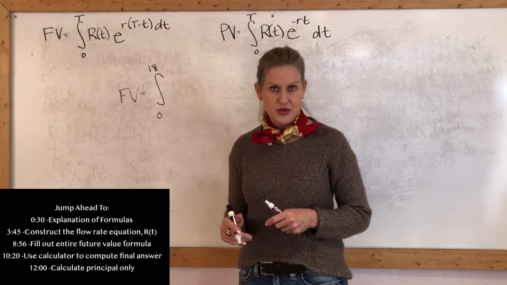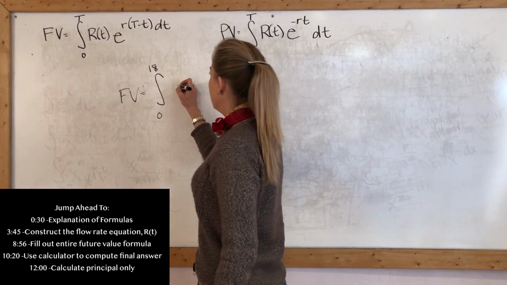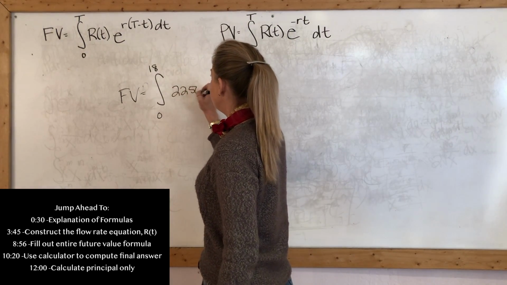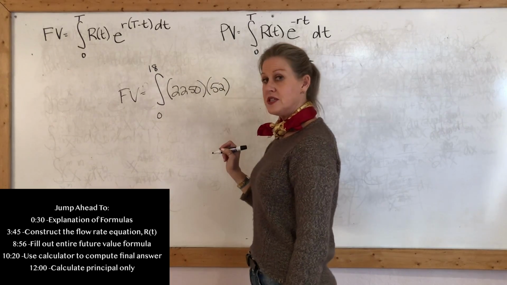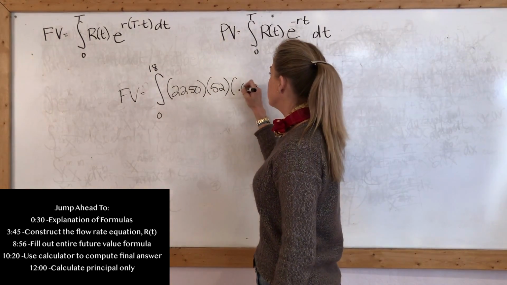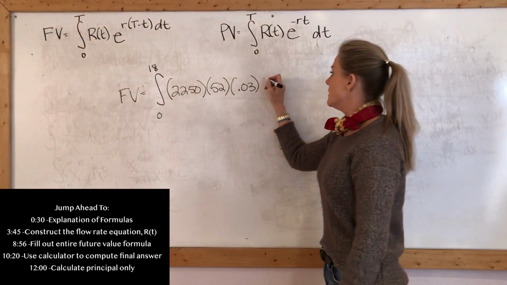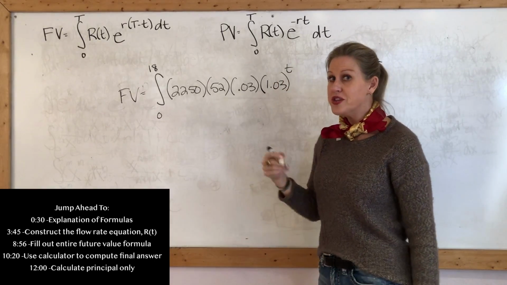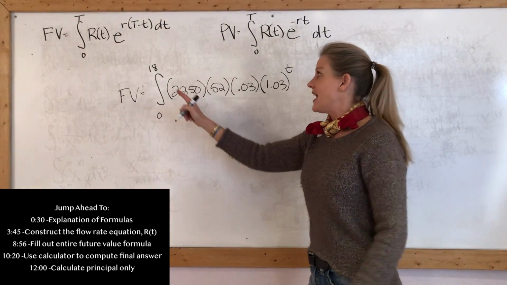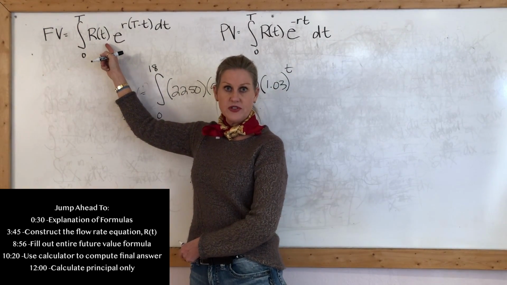The calculator can do that for me. So I have 2250 times 52 times 0.03 times 1.03 to the t, and all of that is just this R of t.